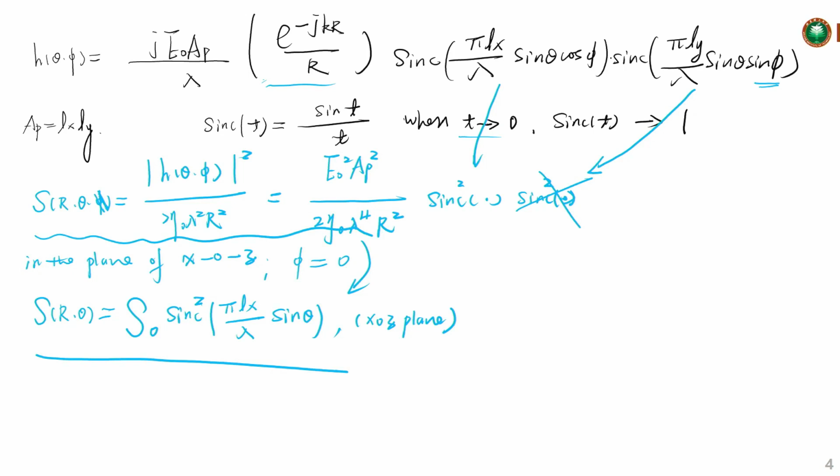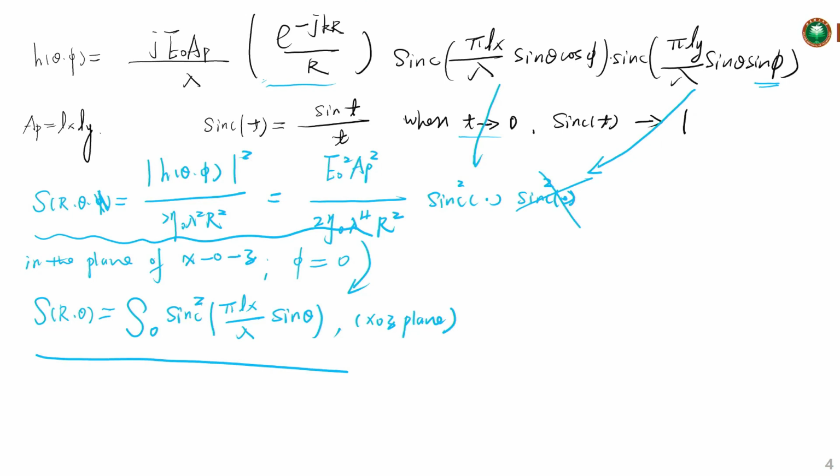All right, when we try to show the beam pattern in the Cartesian coordinate system, a two-dimensional Cartesian coordinate system, we take a shadow. We take a shadow on the x o theta plane or the y o theta plane. So firstly, we just say the x o theta plane.